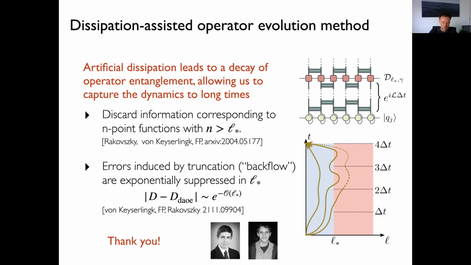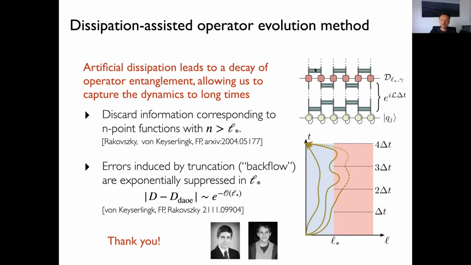Good. So let me now conclude. We addressed the question of how we can extract diffusion constants or universal hydrodynamic properties starting from microscopic Hamiltonians. The method that we propose is performing Heisenberg time evolution using matrix product state methods.